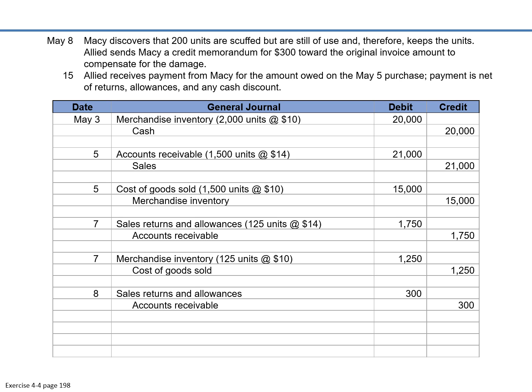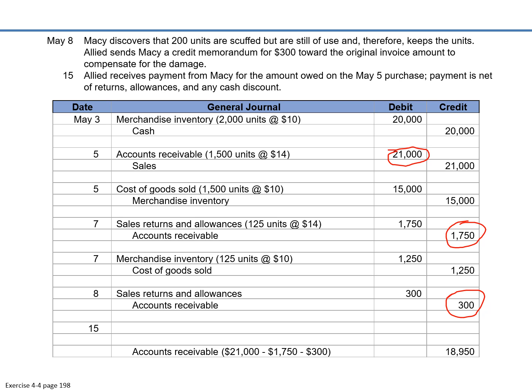And we've got the original $21,000 less the $1,750 less the $300. So Macy's accounts receivable is 21,000 less $1,750 less $300, which is $18,950. That's the balance in their accounts receivable from Macy. We're going to take that to zero.